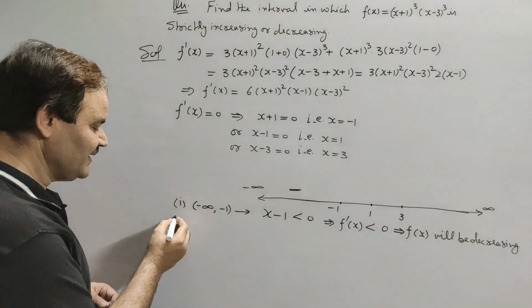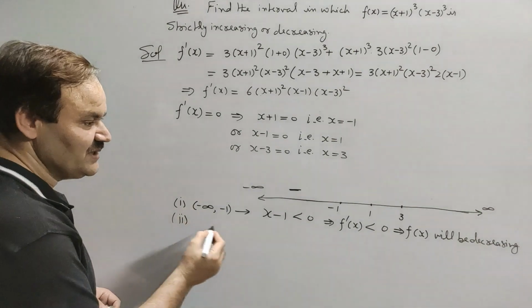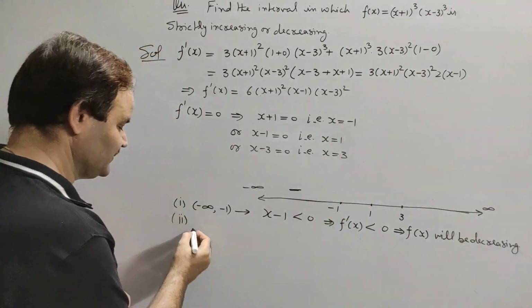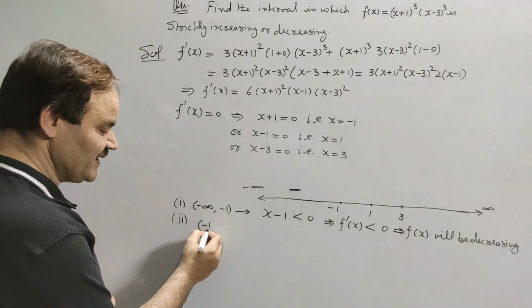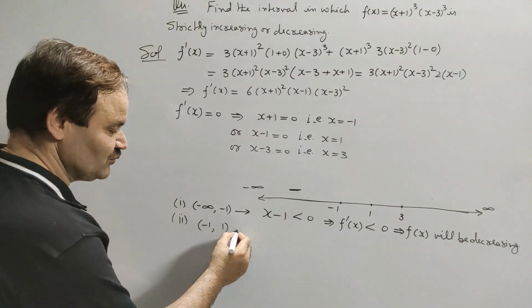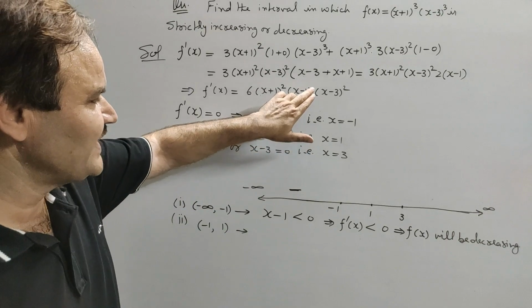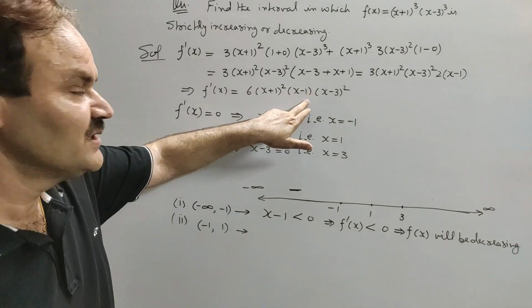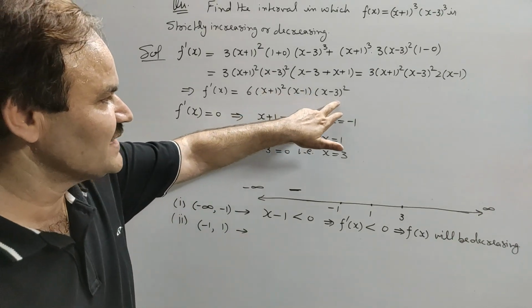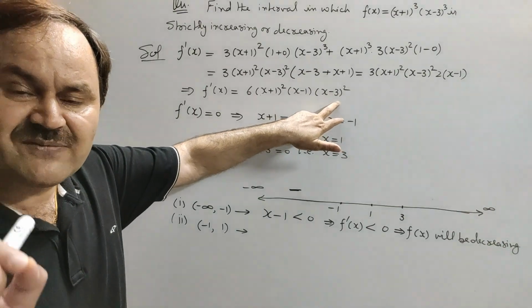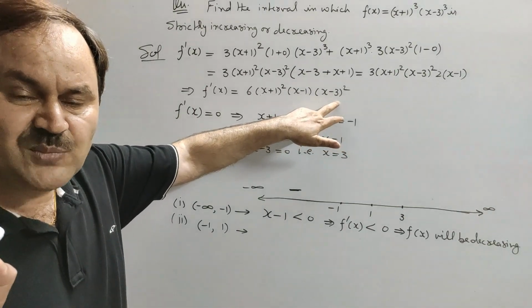Now the second interval will be from minus 1 to 1, that is the open interval minus 1 to 1. If we come to this interval, then again we will have to check the sign of x minus 1 only, because (x plus 1) whole square and (x minus 3) whole square, being perfect squares, will always be positive.